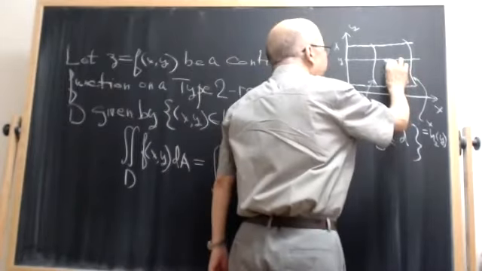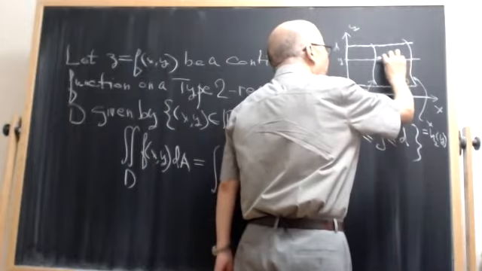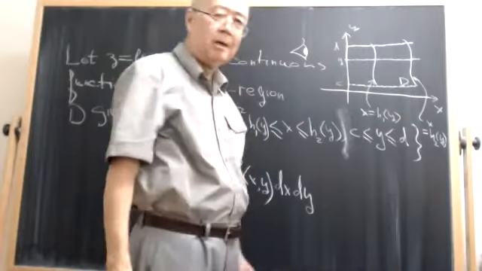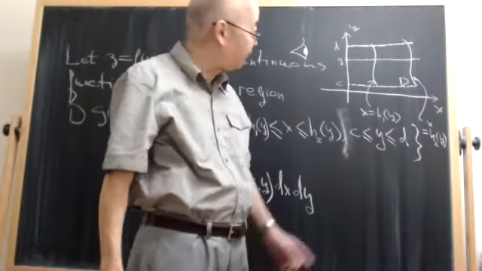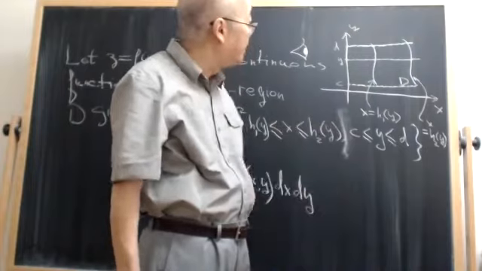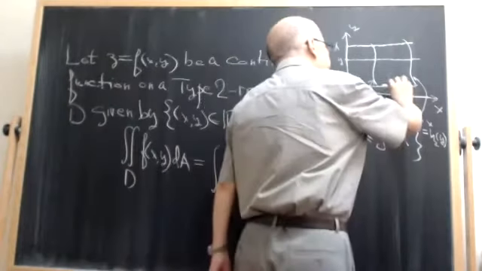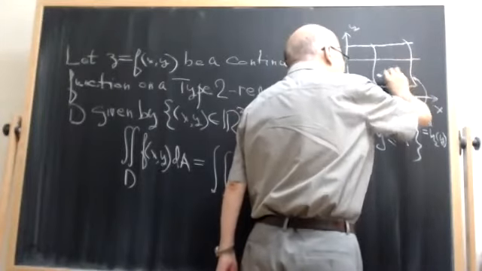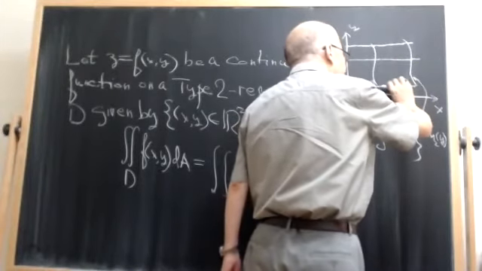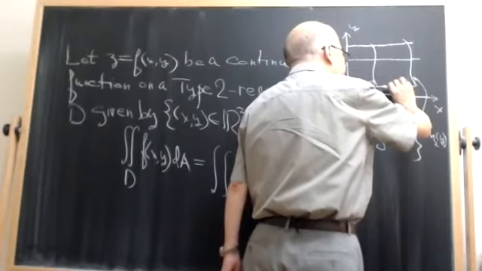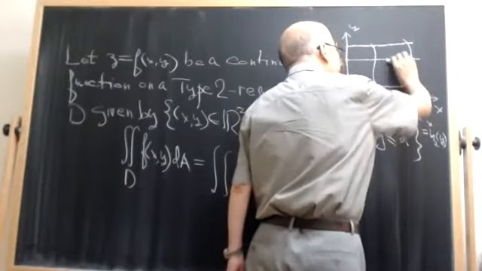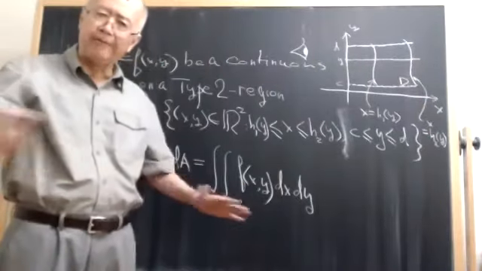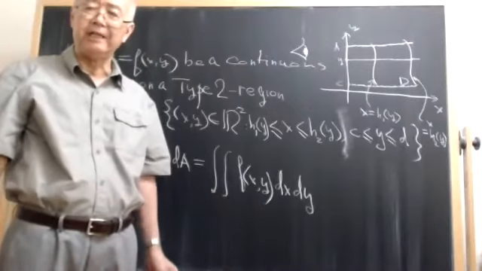Okay. And we are going to let all these cross sections of the region D, in other words, all these level lines, go from the bottom of the region D to the top. Then you would cover the whole region D.